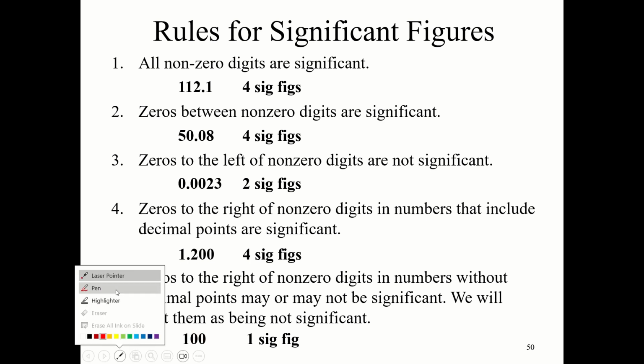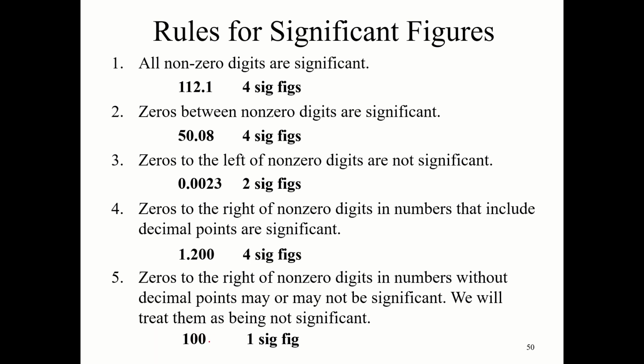Now, if I wrote in a decimal place right here, my number would have 3 sig figs because these zeros are now in a number that does have a decimal place. So now all 3 digits would be significant. If the decimal place is present, trailing zeros are significant. If there is not a decimal place present, trailing zeros are not significant.